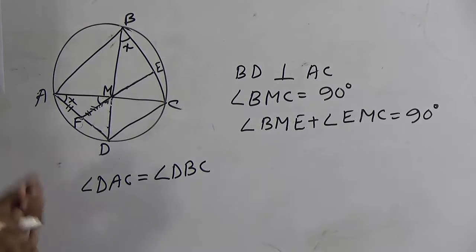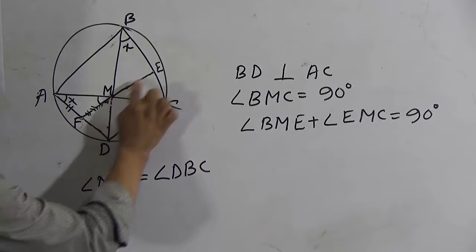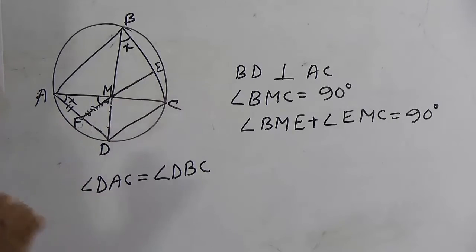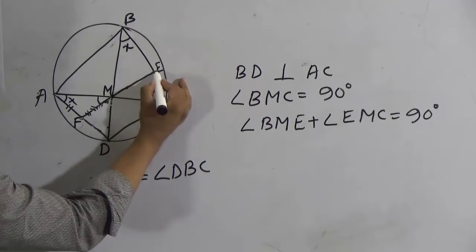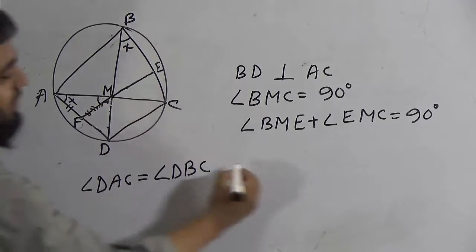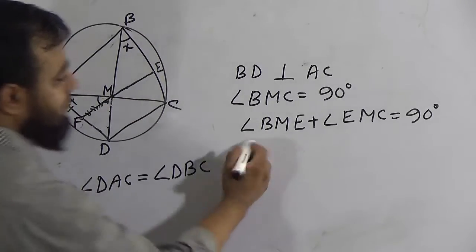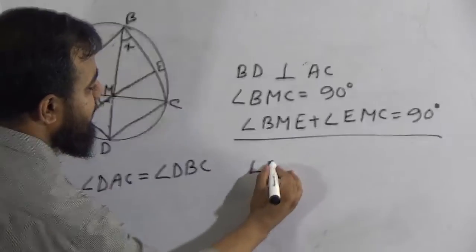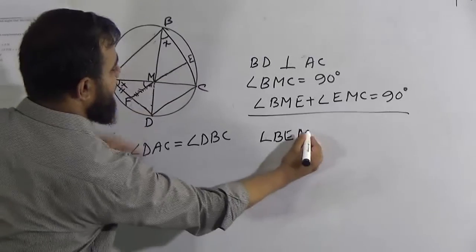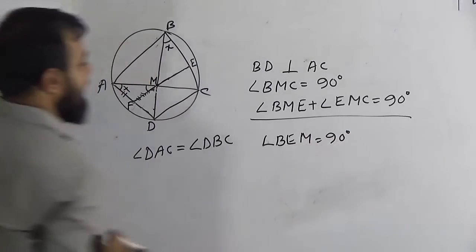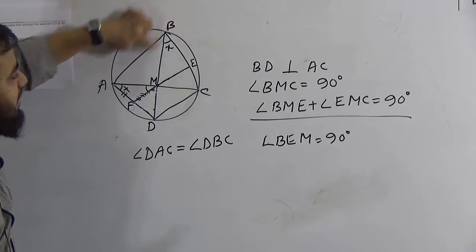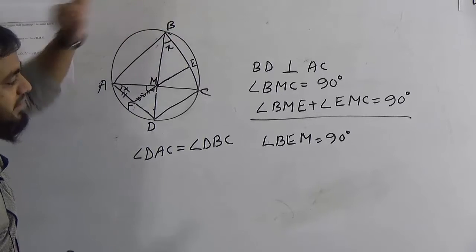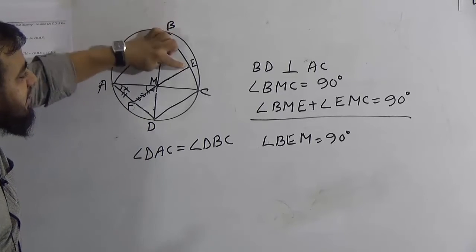Like this, there will be another angle, my dear students. We have drawn ME perpendicular to the line BC. So we can say that angle BEM is equal to 90 degrees. And in this triangle BME, one angle is 90 degrees. That angle is BEM.